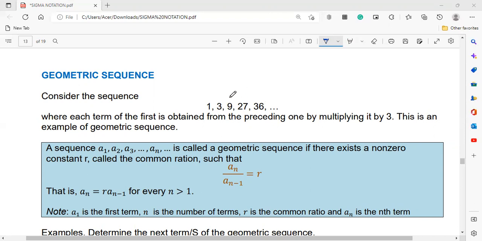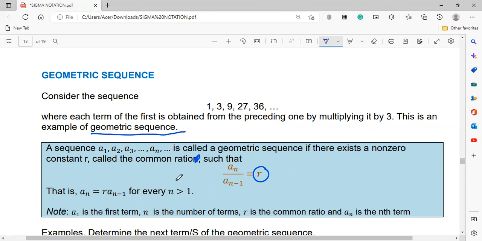Now, in this case, we have what we call geometric sequence. So in the geometric sequence, there is what we call common ratio. Okay, there is a common ratio here such that a sub n divided by a sub n minus 1 should be r, or the common ratio. Okay, so 3 divided by 1 is 3, 9 divided by 3 is 3, 27 divided by 9 is 3.